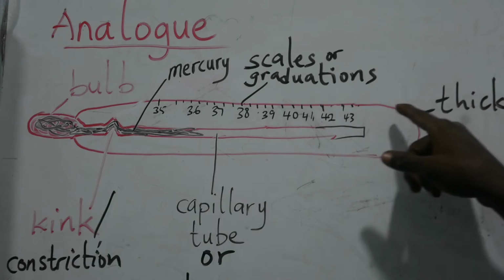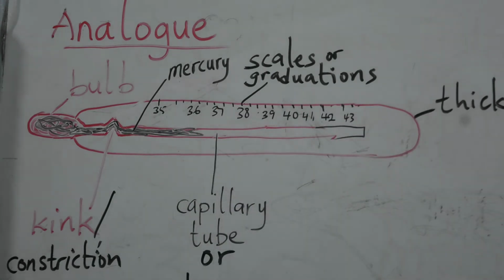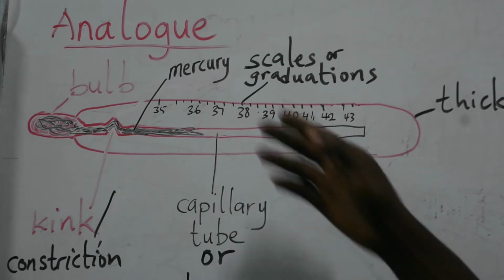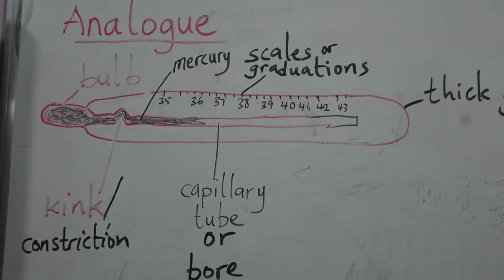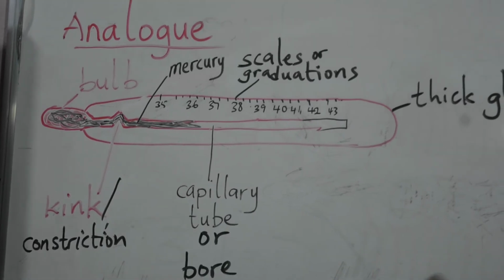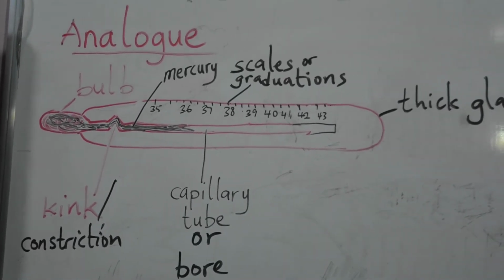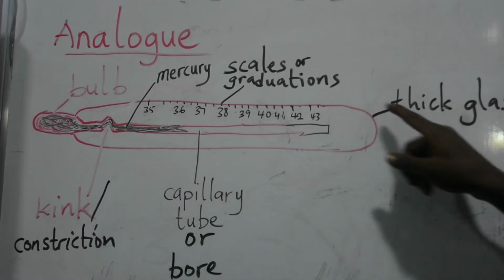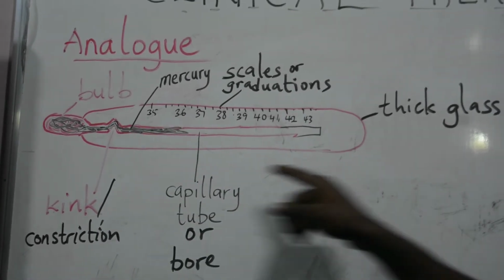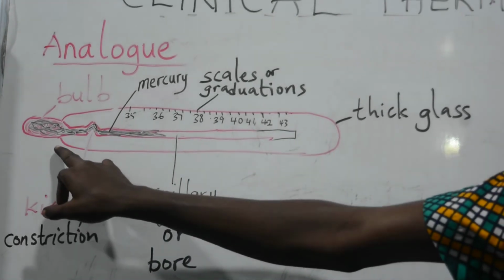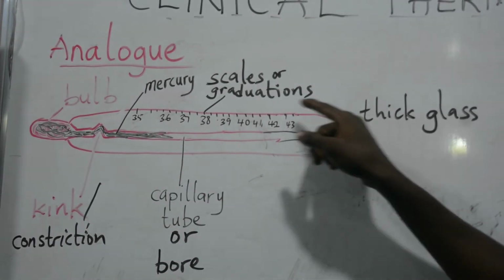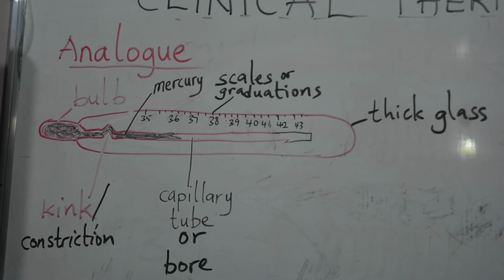If you look closely, those are called the scales, also referred to as graduations or calibrations. Aside this, it is covered with a thick glass. The whole stem from here to this end is covered with a thick glass.